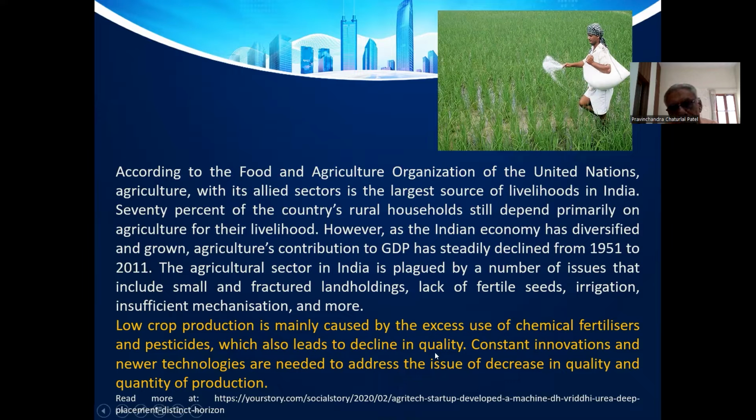This also leads to a decline in quality. So we not only get reduced quantity, but the quality of the produce has also declined. Constant innovation and new technologies are needed to address the decrease in quality and quantity of production.